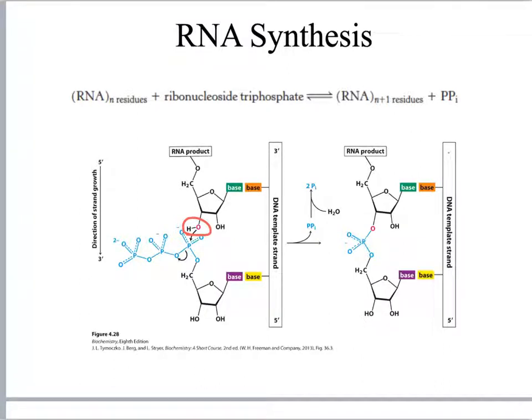Now, unlike DNA, RNA doesn't require a primer. It just starts to build on that DNA template. RNA polymerase is also not able to correct mistakes to the same extent that DNA polymerase is. So the differences are no primer and no correcting of mistakes like DNA polymerase, but the overall process is the same.